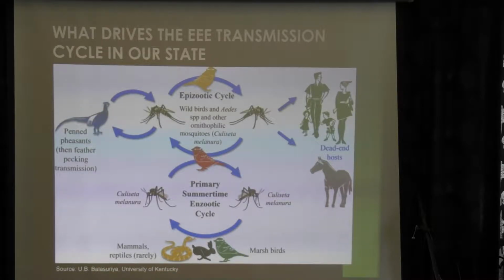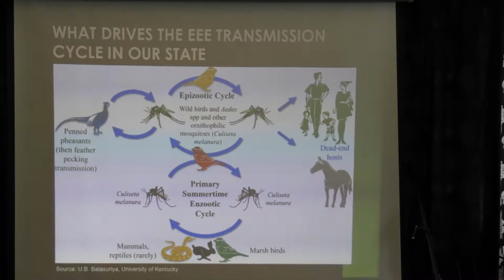So the way this works is a little bit more complicated for Triple E than it was for West Nile virus. We have this one particular mosquito, Culiseta melanura, that is almost exclusively a bird biter. And so that's the one that's going to be helping ramp up the virus levels in the birds. But we have species like this. Actually, I should have put it on the map. I don't know why they didn't put it on here, but there's another species of mosquito, Coquillettidia perturbans, that is considered what they call a bridge vector.